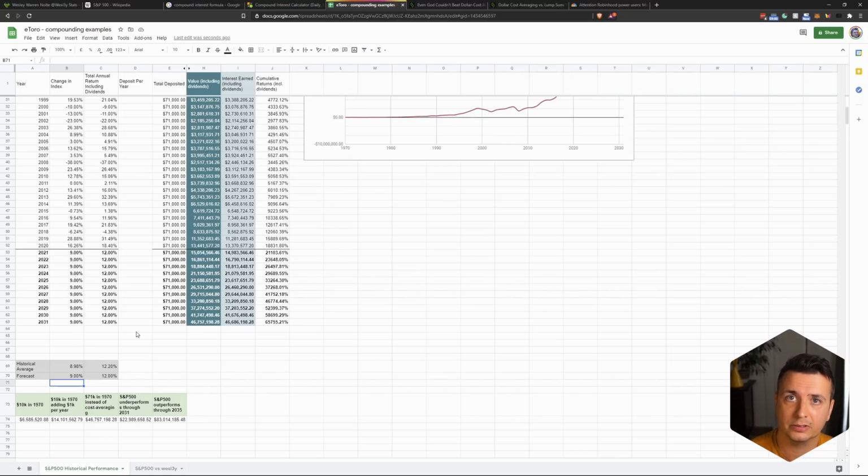Somewhere in those 10 years, there's a massive crash in the market, and it means that the 10-year average return of the S&P 500 is only 2%. So even though it was only over 10 years, and even though it was only 7% lower, the return overall is less than half of what it would be.